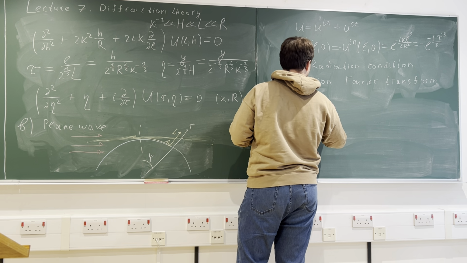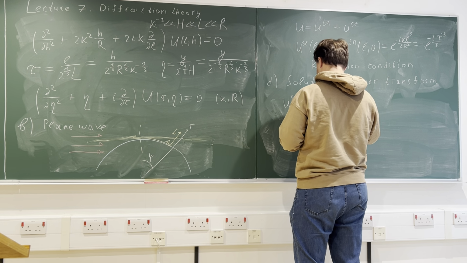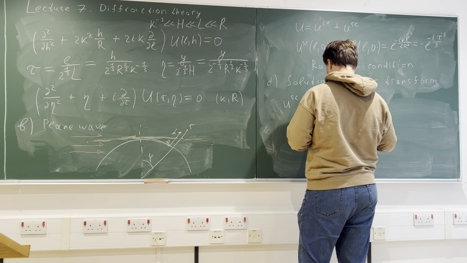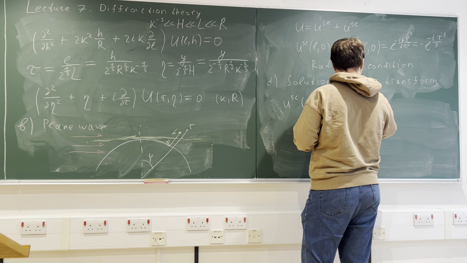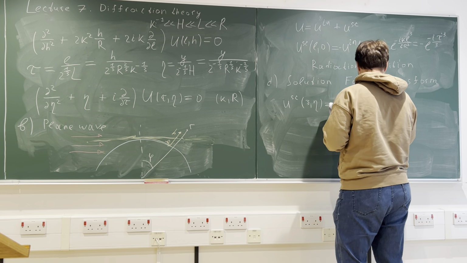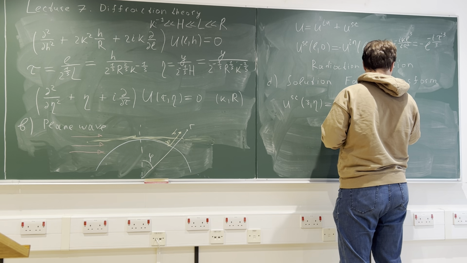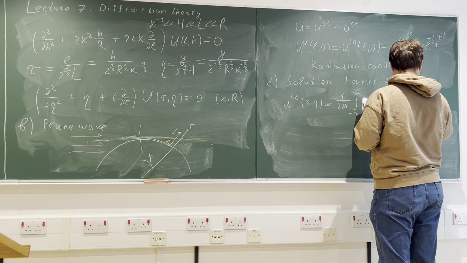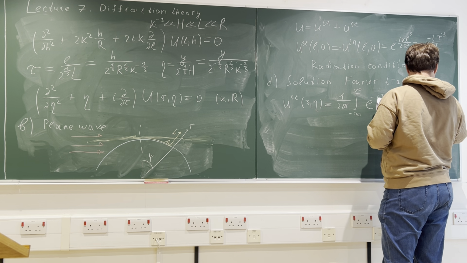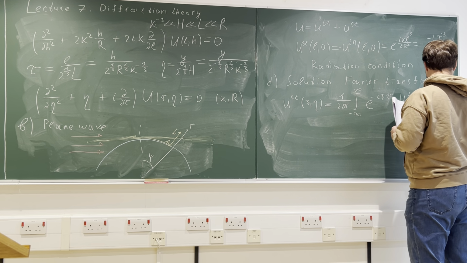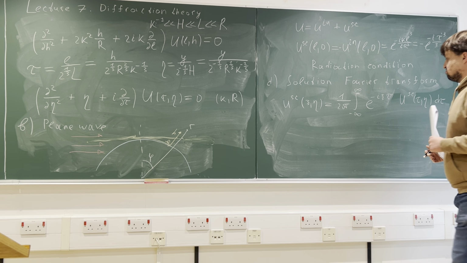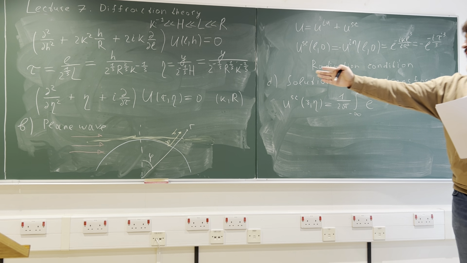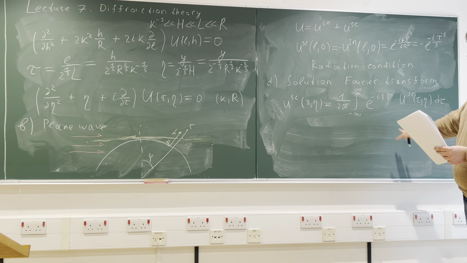We apply a Fourier transform to our equation. We start from the definition of a spectral function. Okay, so we integrate the equation over tau.